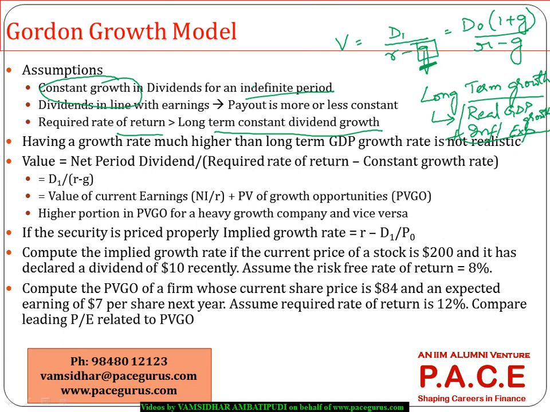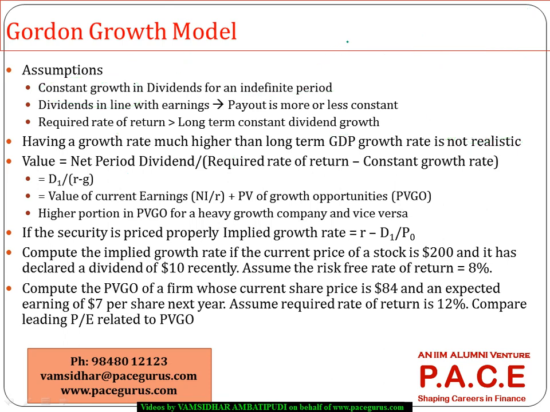So the G is more from that dimension, though we talk about various other mechanisms of calculating G. So we are directly using the formula D1 divided by (R minus G), if I am assuming that right from the next period onwards, the dividends are going to grow at a constant rate G compared to the current dividend for an infinite period. Now this value, I generally break into two parts. So let me take up a numerical that can give us an important analysis. Okay, compute. Forget about PVGO and all that.